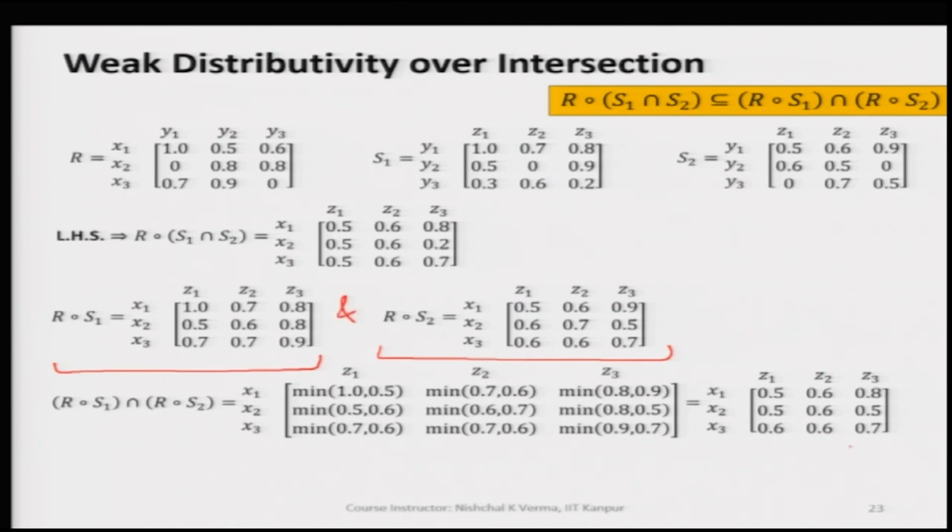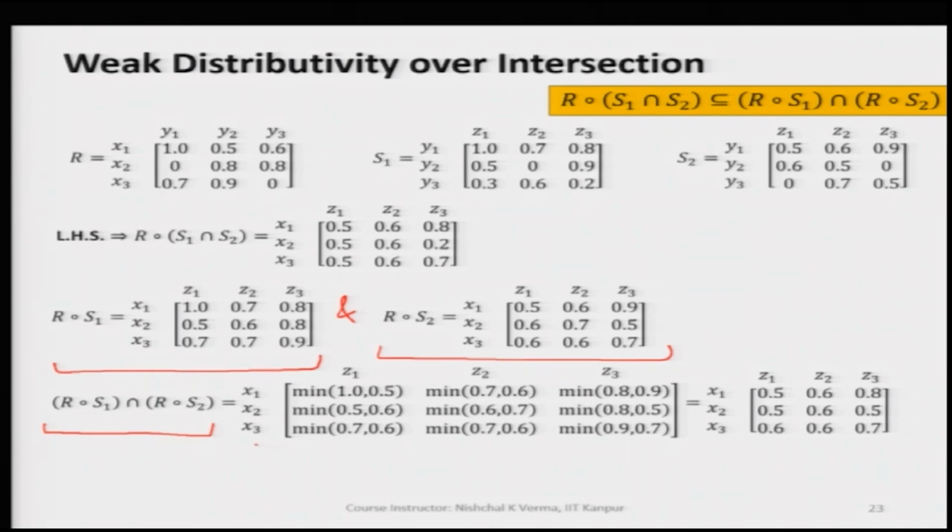Then let us take the intersection of these two. When we take the intersection of these two fuzzy relation matrices, since we are taking intersection, we use the min criteria, the basic intersection.